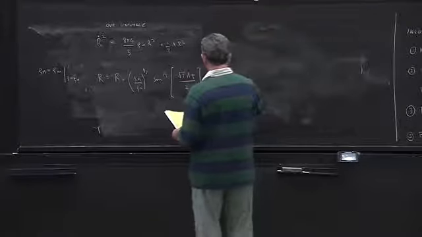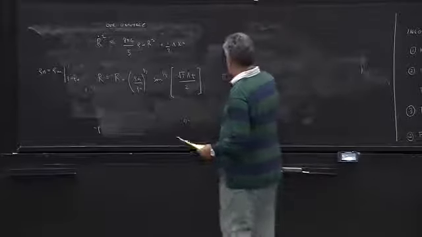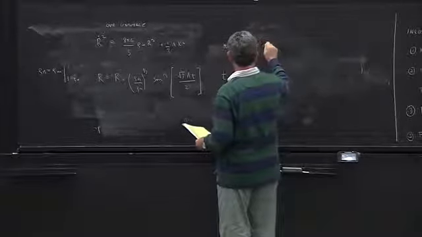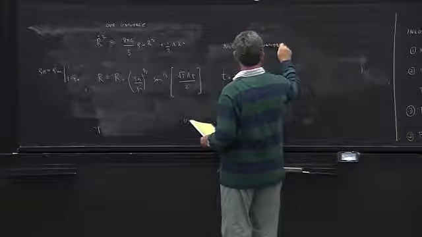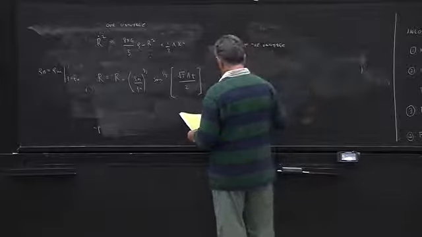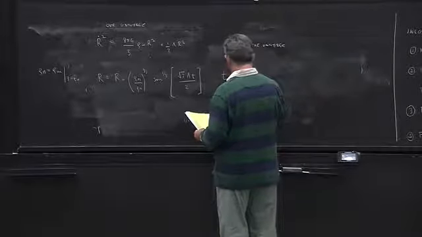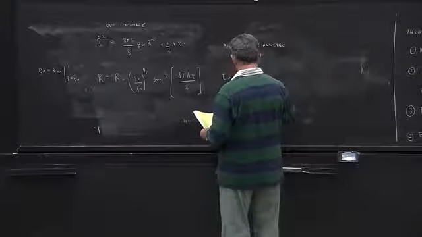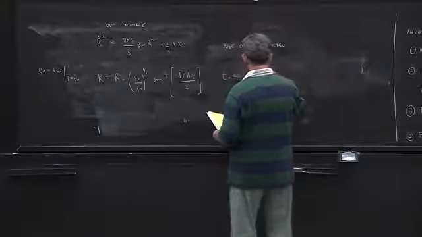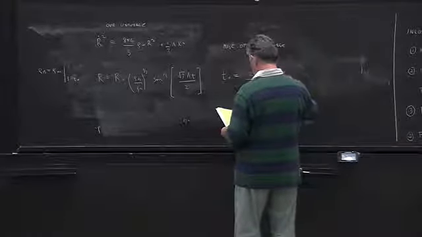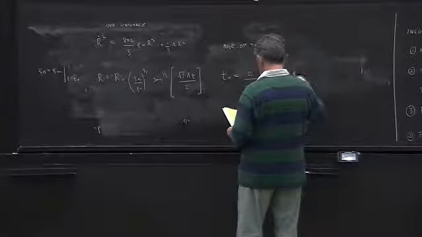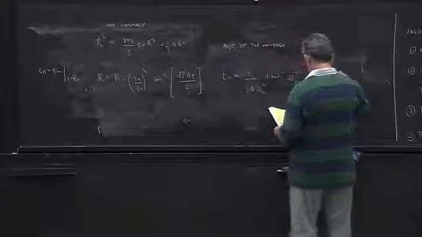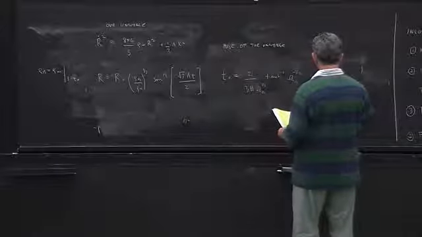And so t naught, from this we can calculate the age of the universe. It is 2 over 3h omega lambda to the half, tanh to the minus 1 of omega lambda to the minus a half, where omega lambda is lambda over 3h naught squared.